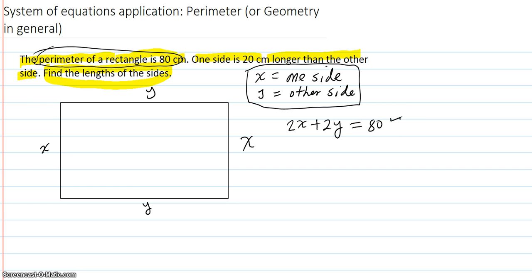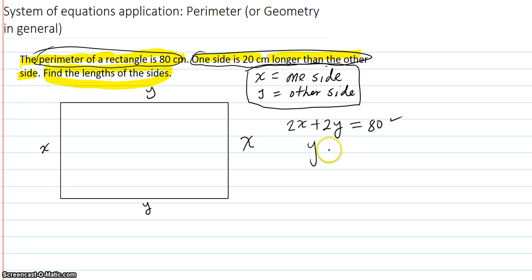Now you need another equation. So we have to look inside these sentences and find another equation somehow. One side is 20 centimeters longer than the other side. Okay, so it looks like y is longer on the picture, but it really wouldn't matter which one you said. It'd be okay.